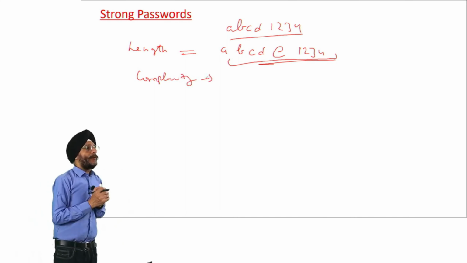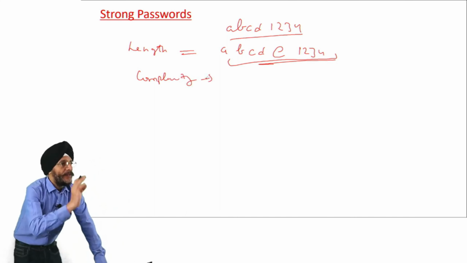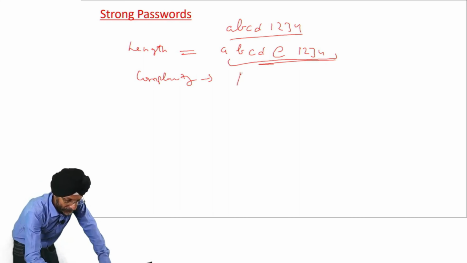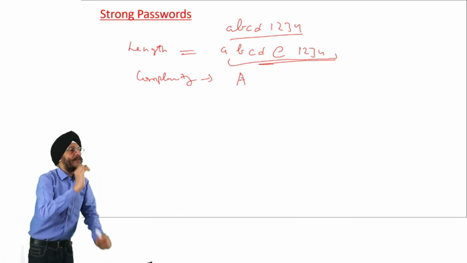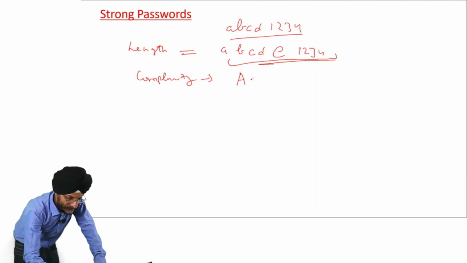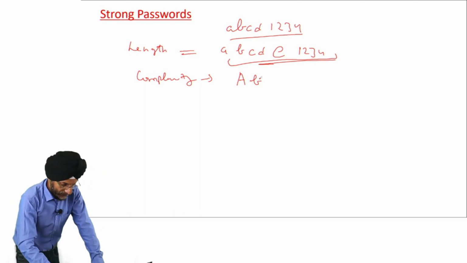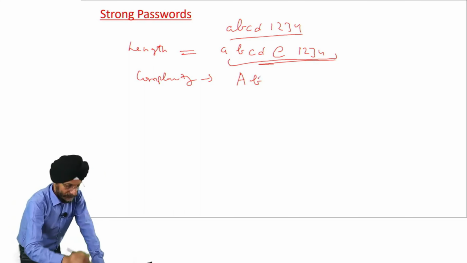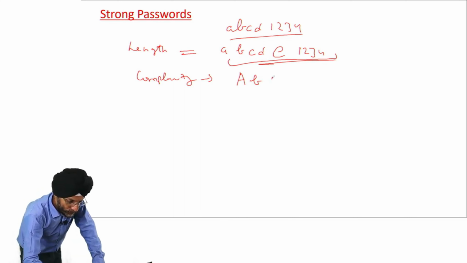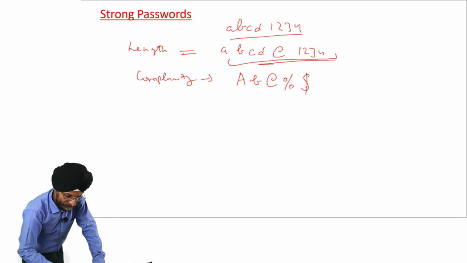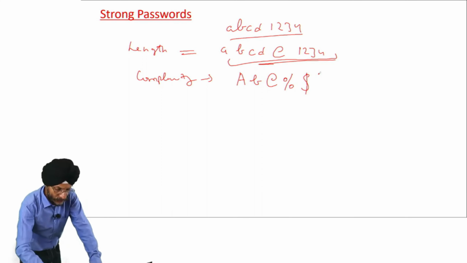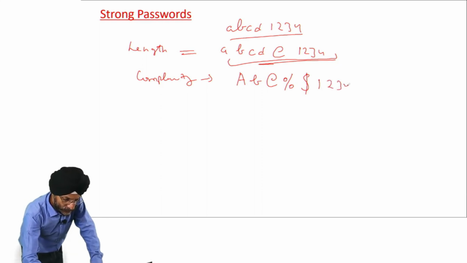How can we make it complex? We can keep it complex by writing it in uppercase characters. We can also use normal lowercase characters. Then we can use special symbols, and we are also to use numerals.